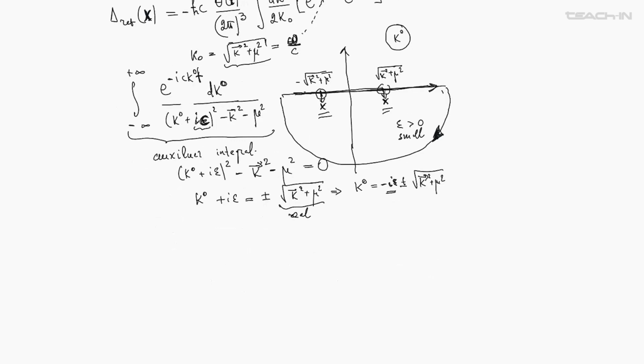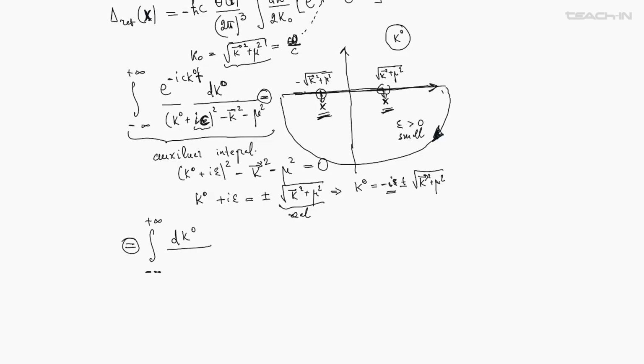So our integral, if you allow me to continue here, is the integral from minus to plus infinity of dk0 divided by, and now I have to compute the residue of this expression, say at the first and the second pole.